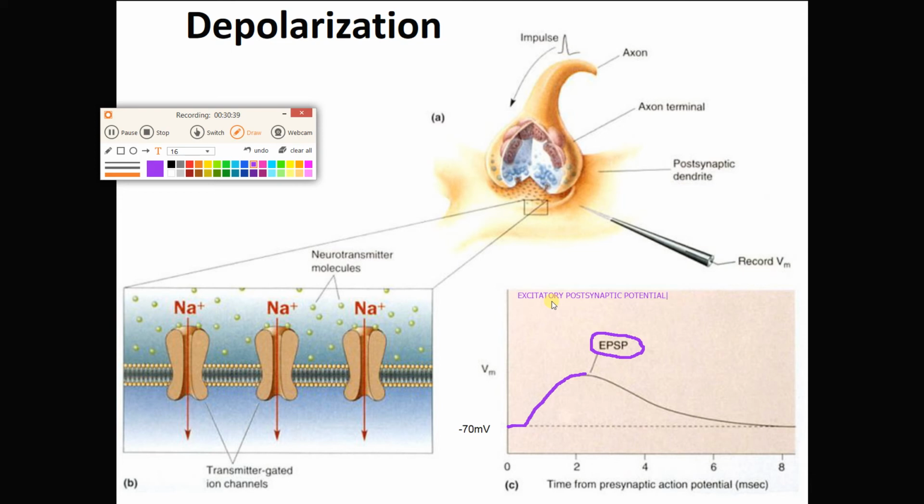Now, what does that mean? The word potential refers to the fact that we're changing the membrane potential here. Postsynaptic refers to the fact that the cell we're talking about is the one receiving the signal at our synapse. So notice it's been labeled up here as the postsynaptic dendrite. The axon up here would therefore be known as presynaptic.